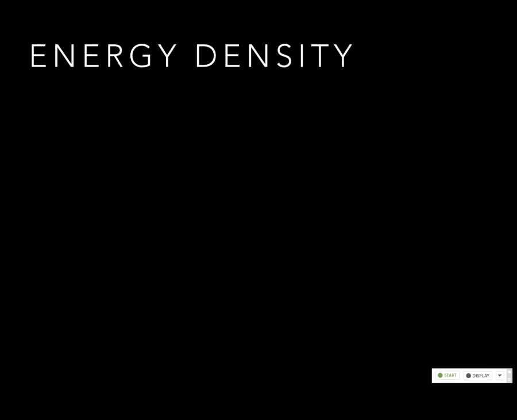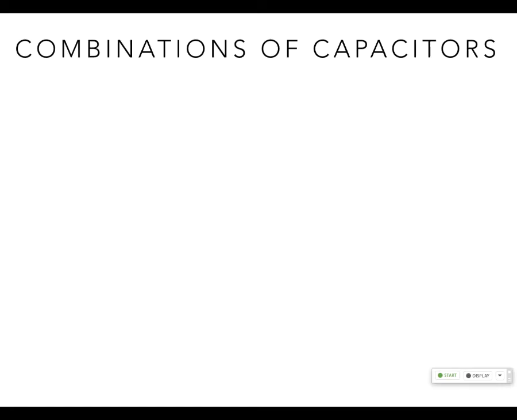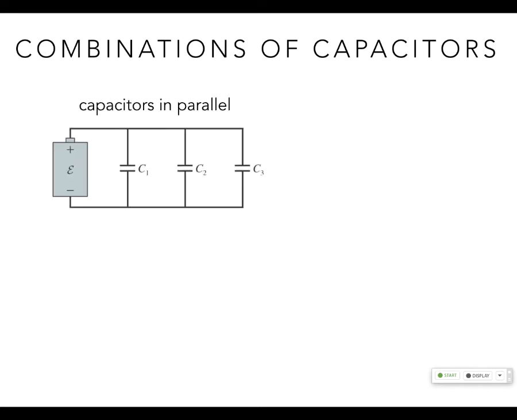We know how to add capacitors, yes? Technically. We were given the information. We practiced it. How do we add capacitors in parallel? We just add them up. So what's the same for every capacitor in parallel? Voltage. Yes, voltage is the same across each capacitor.